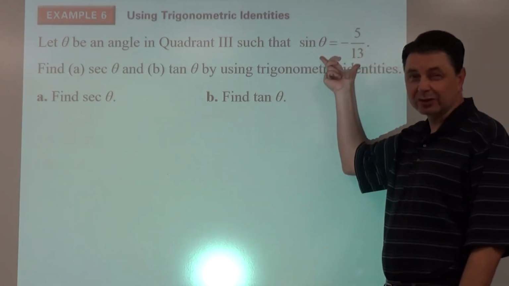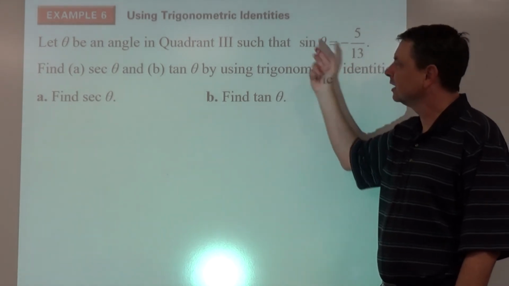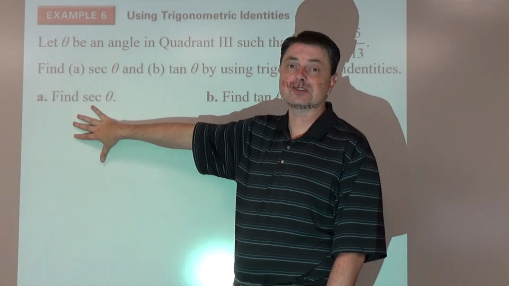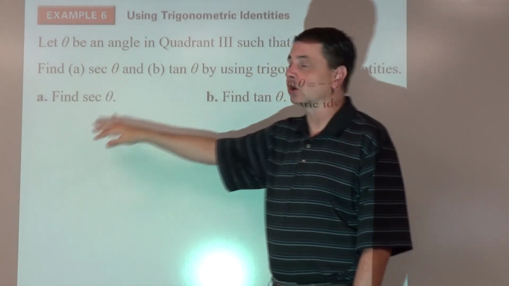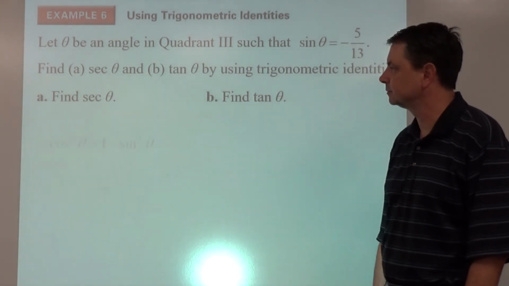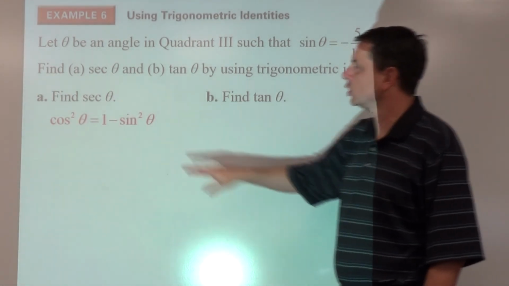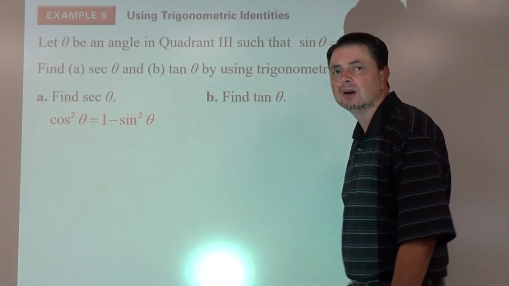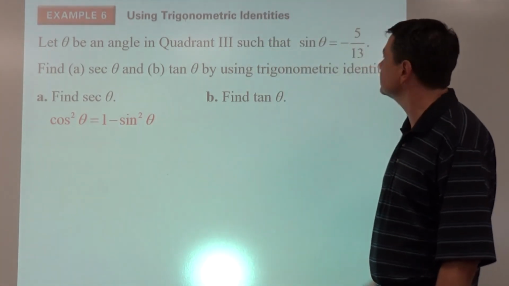We would also know cosecant. Find secant, that's closely related to cosine. I'm thinking maybe we go cosine and sine. Sounds like Pythagorean. So cosine squared theta is equal to 1 minus sine squared theta, one of our Pythagorean identities.